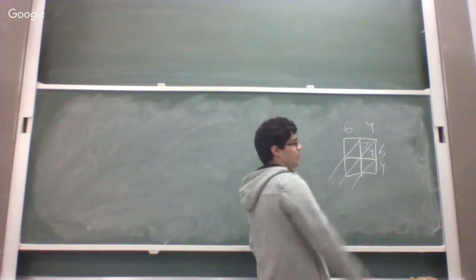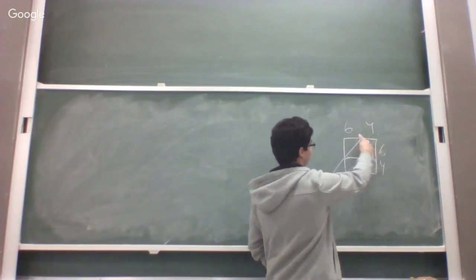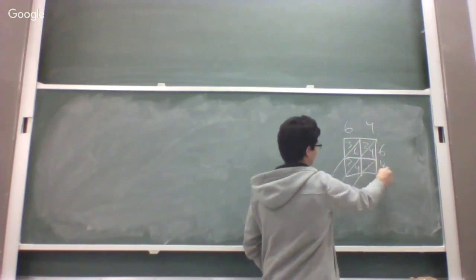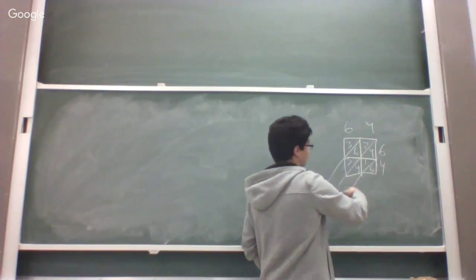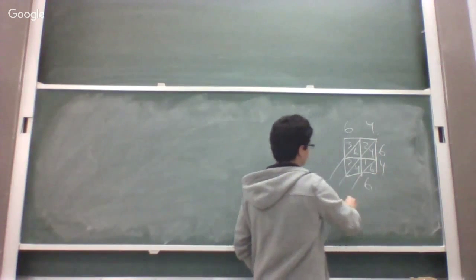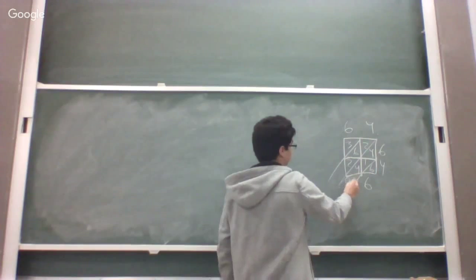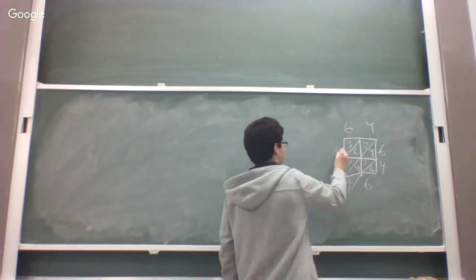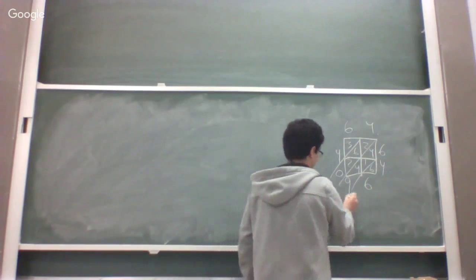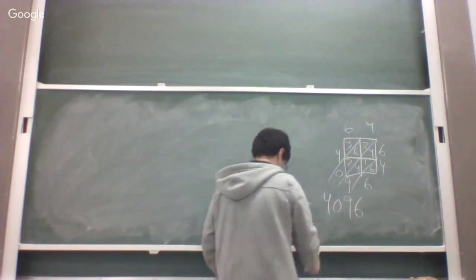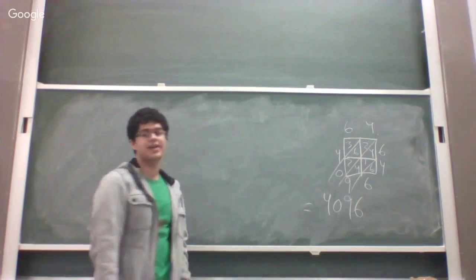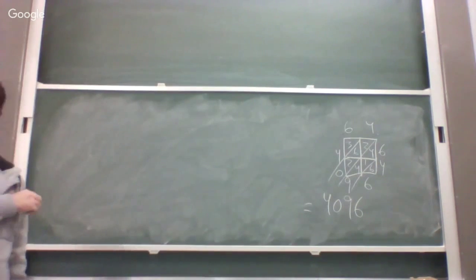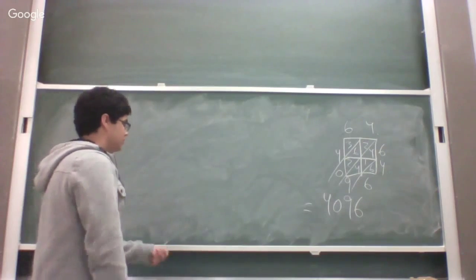You put 24 in the box. 6 times 6 is 36. 4 times 4 is 16. And you add the diagonals. So we have 6 in this box, 9 here, 10 here. 1 goes up. So 4096. Normally on the exam, I do that quickly on the side if I have big numbers.